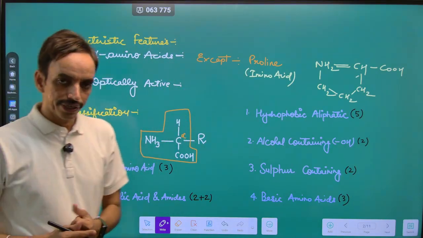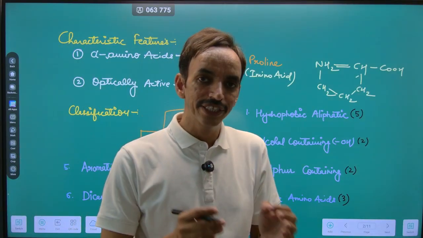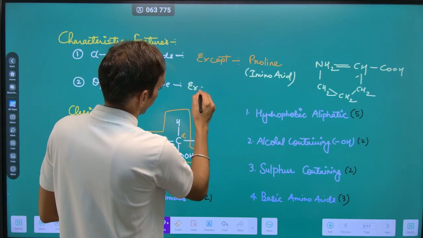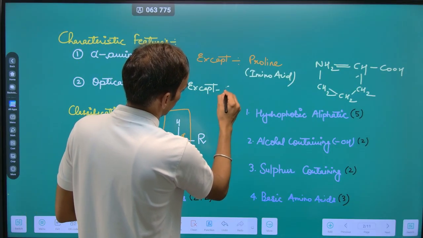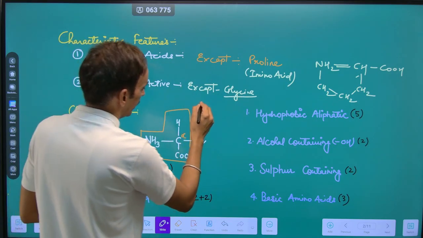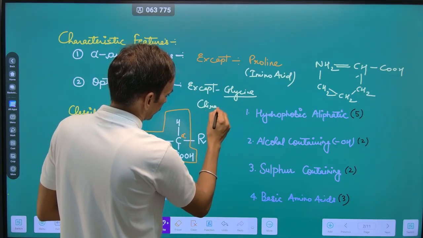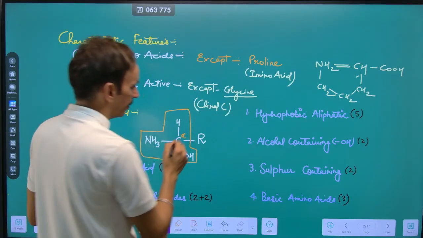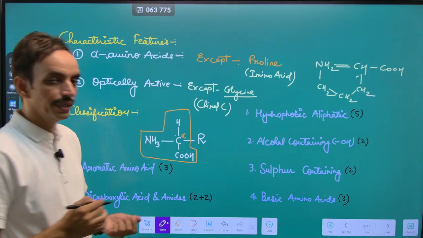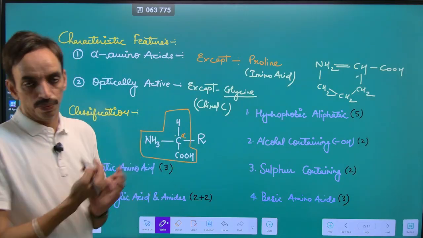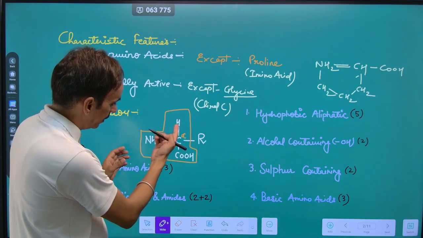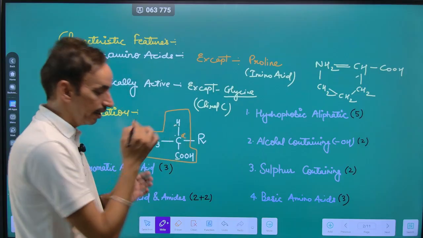Next is optically active. All the standard amino acids are optically active, except, again there is an exception, and the exception is glycine. If a molecule has a chiral carbon, meaning all the valencies of this carbon are satisfied by different groups, then it is known as a chiral carbon. Here we can see an H atom, amino group and carboxylic group.